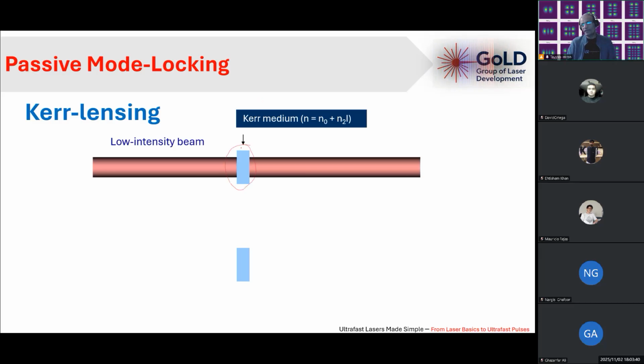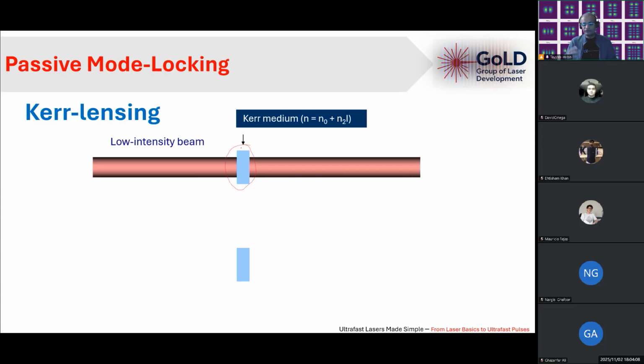Through this medium the intensity of the light was very low, so we don't see any effect of self-focusing, as mentioned in the previous slides. So it is the second order refractive index, not the first order refractive index.